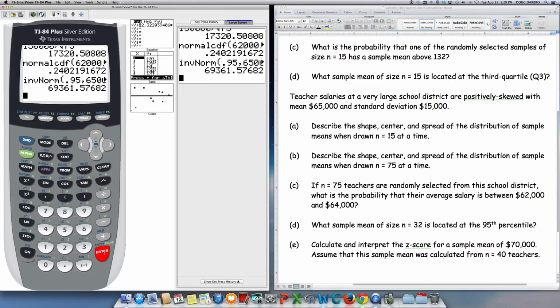Alright guys, calculate and interpret the Z-score for a sample mean of 70. Well guys, remember the Z-score is the average of the sample or the sample information minus the mean of the population divided by the standard deviation, but guys, in this case it'll be the standard error.